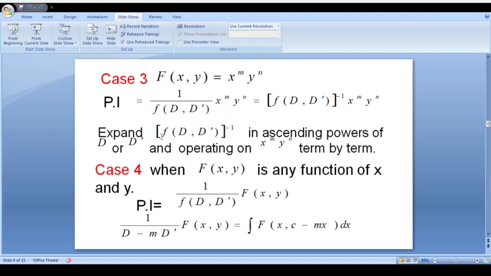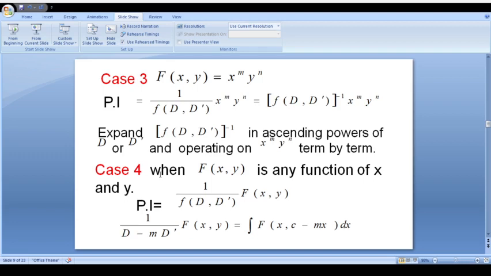Bring f(D, D') to the numerator, which gives [f(D, D')] raised to minus 1 on x raised to m y raised to n. Now expand this in ascending powers of D by D' and operate it on x raised to m and y raised to n, which gives the required particular integral.